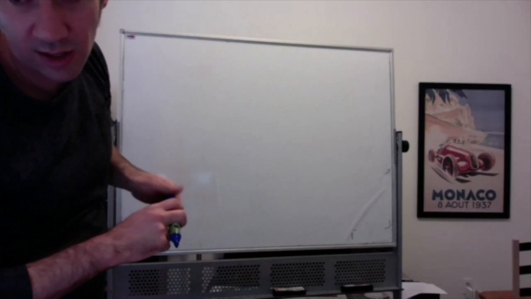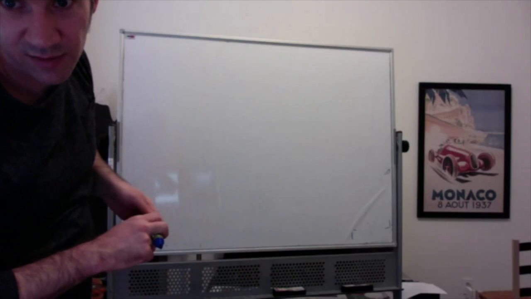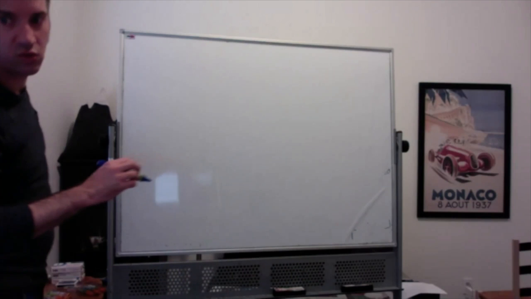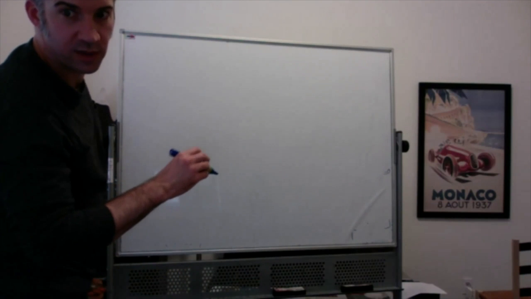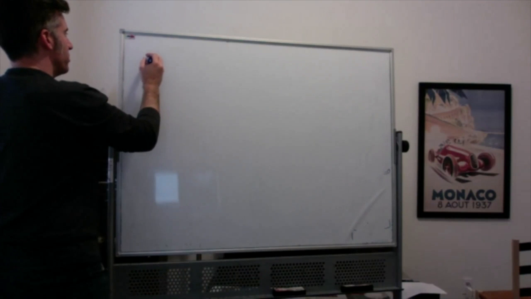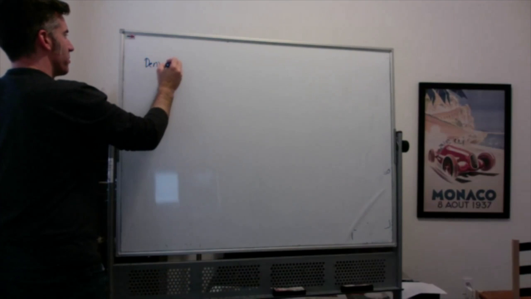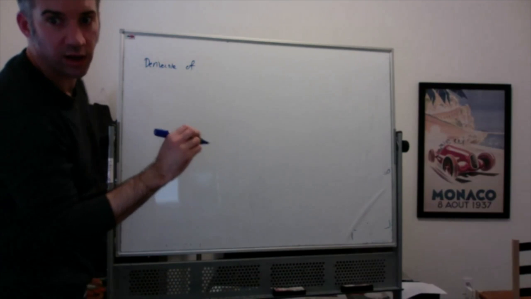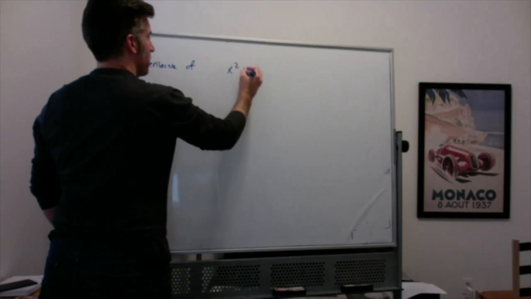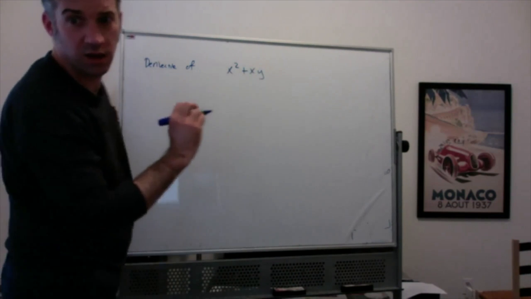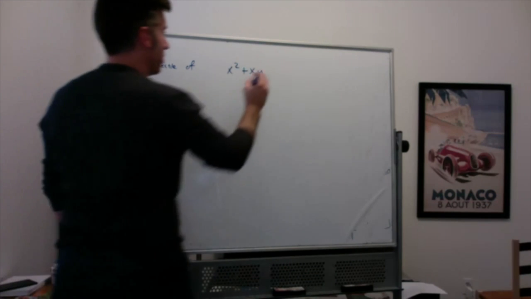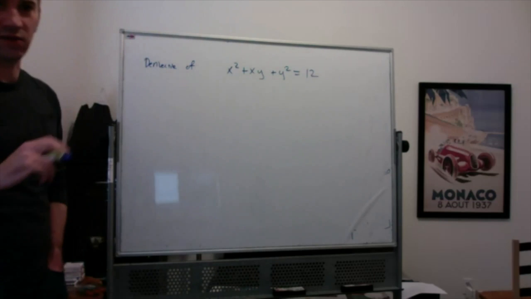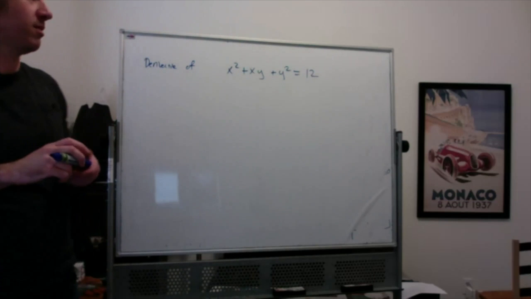So let's find the derivative of the following equation: x squared plus xy plus y squared equal to 12. And we'll also find the second derivative just because it's worth talking about.